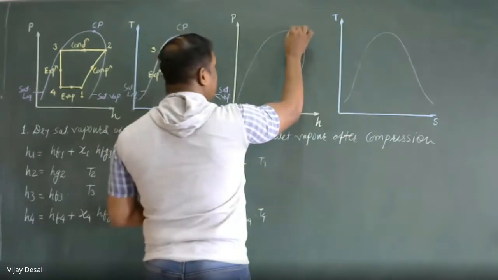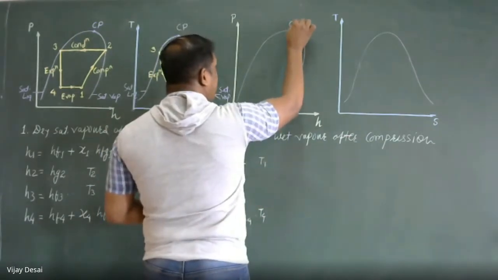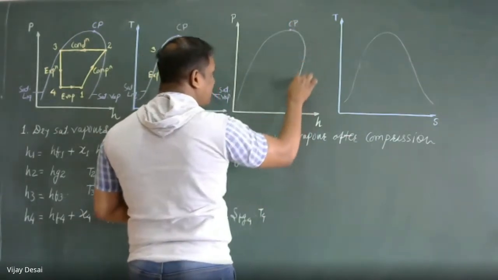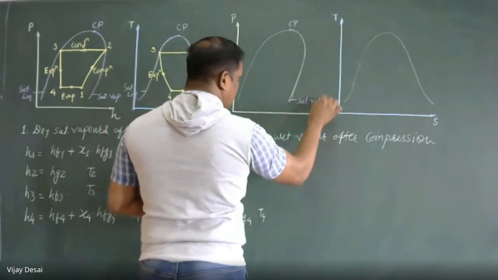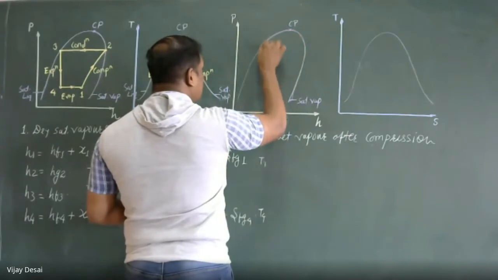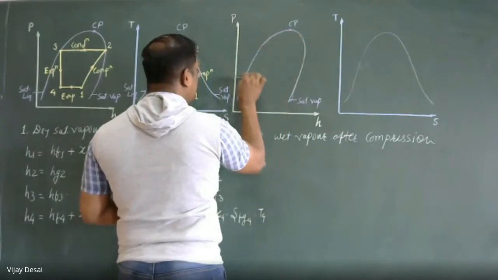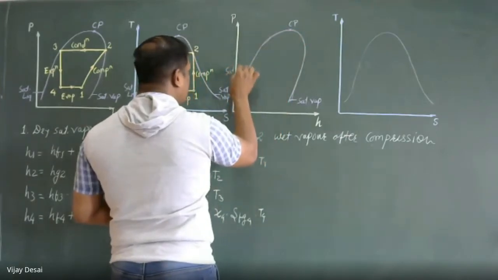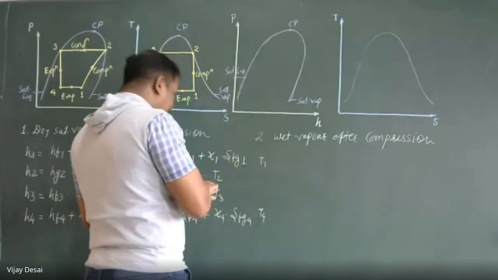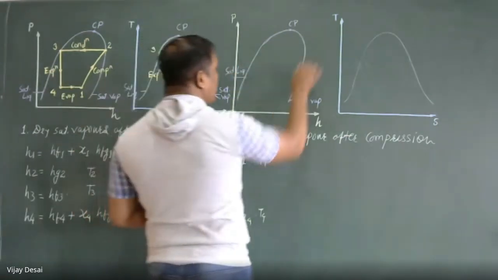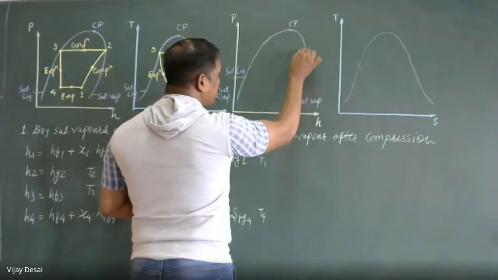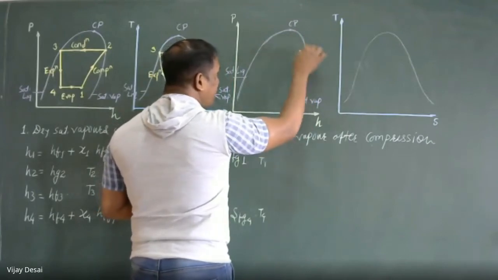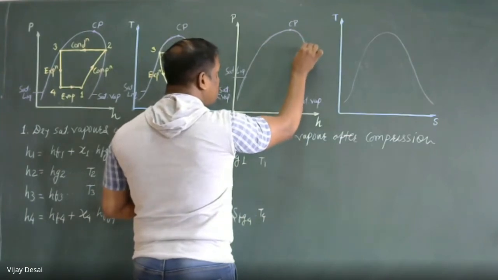Here also there will be a critical point. This will be the saturated vapor line. This will be the saturated liquid line. After compression it has not reached dry saturated vapor, so our point after compression lies in this wet zone. This is point 2.